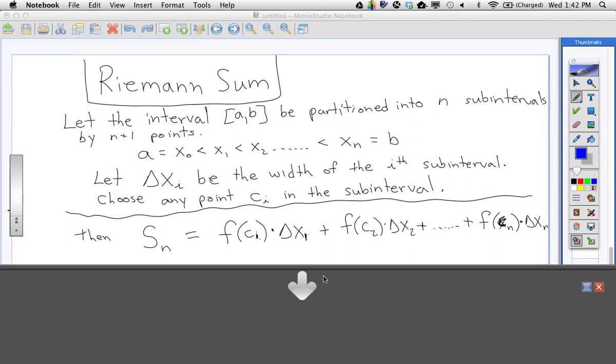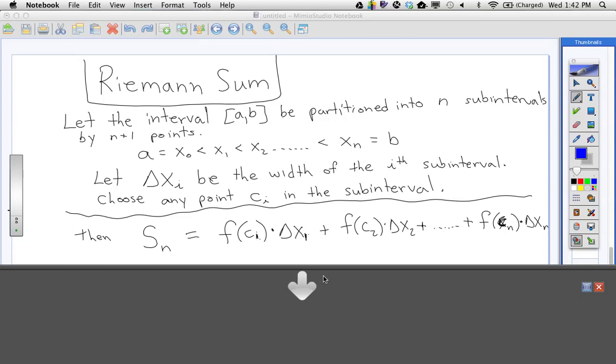So therefore, S sub n, S standing for sum, is equal to f of c1 times delta x1. No, that's not an i, that's a 1, I'm sorry. That's c1. I don't know if those stray marks got in there somewhere. f of c1 times delta x1.